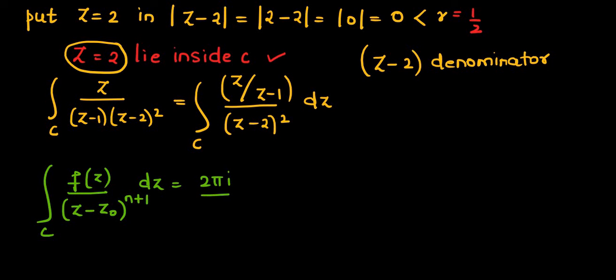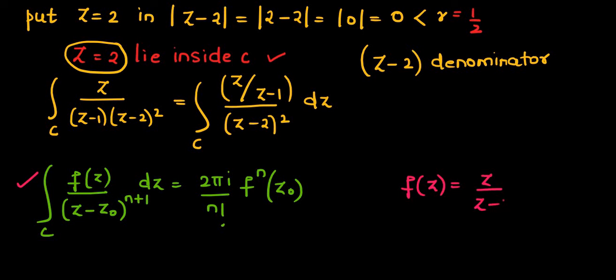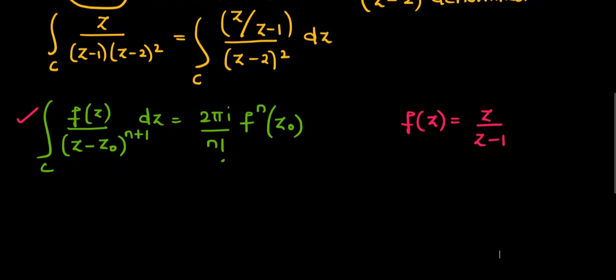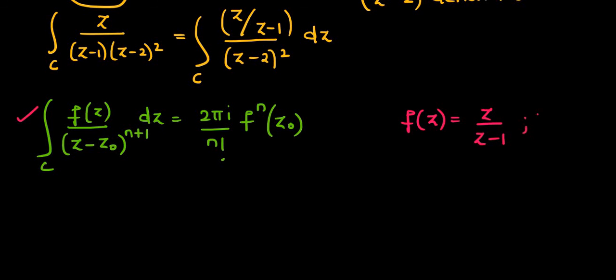two pi I divided by n factorial into f raised to n of z naught. By comparing with this particular formula, we get f of z as z by z minus 1, and then our point z naught is 2, which lies inside C. Okay, and here n plus 1 is 2, therefore n is 1.